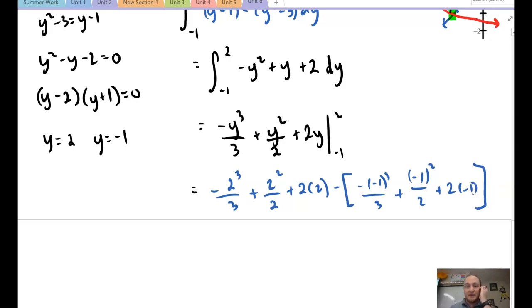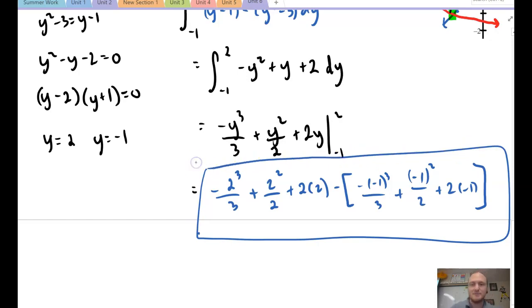And that, my friends, is the answer. So don't even simplify. Just box your answer. Okay, it's in numerical form. You don't have to simplify on the AP exam.